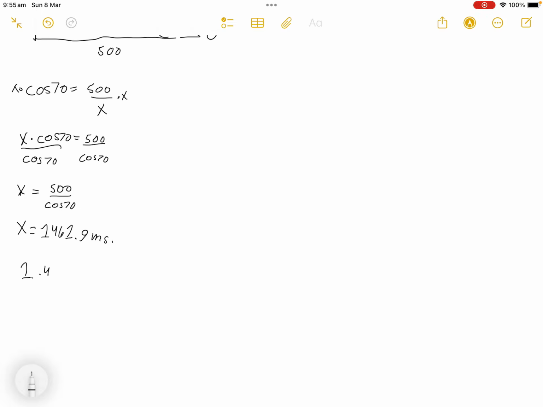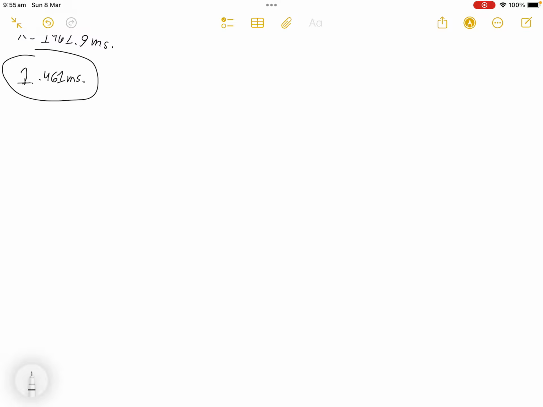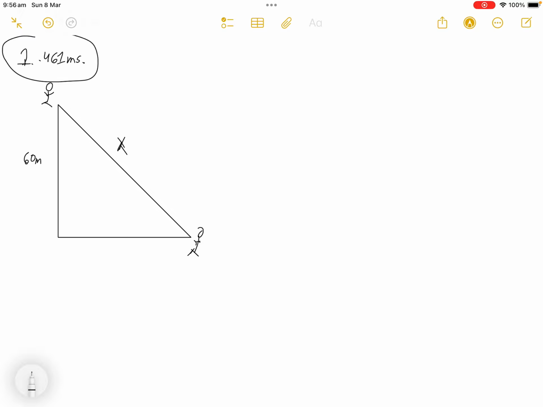And now let's hop into a final example, this one involving sine. Let's say a friend is looking up at a boy who is standing on a 60-meter cliff, and we want to find the distance between the friend's eyesight and the boy.